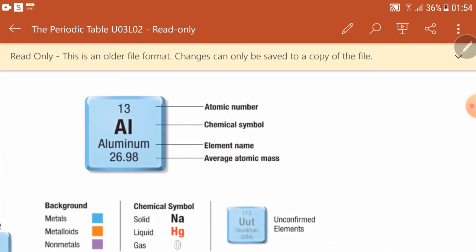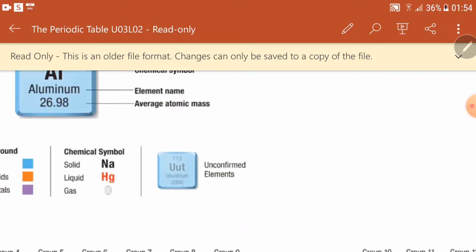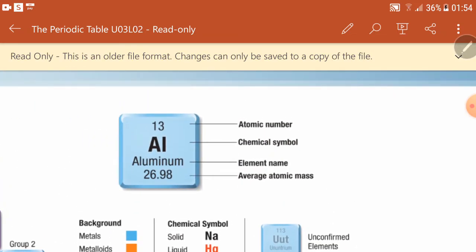Okay, now let's talk about every square in this periodic table. Actually, every square contains in the middle, in a bold line, the symbol of the name of the element, as what you see here, Al.